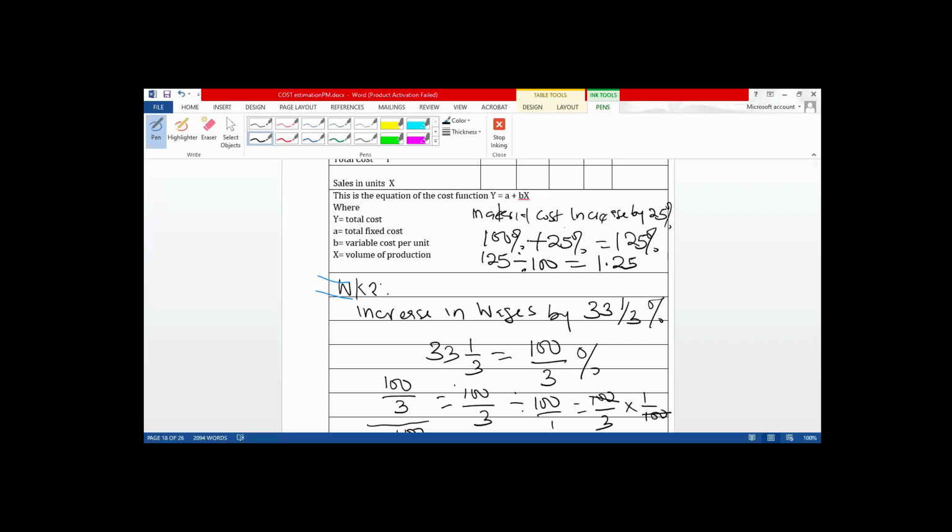That means your material cost now is 100% plus 25, it becomes 125%. If you want to convert 125% to a ratio, you divide by 100. 125 divided by 100 gives you 1.25. Is this clear, please?